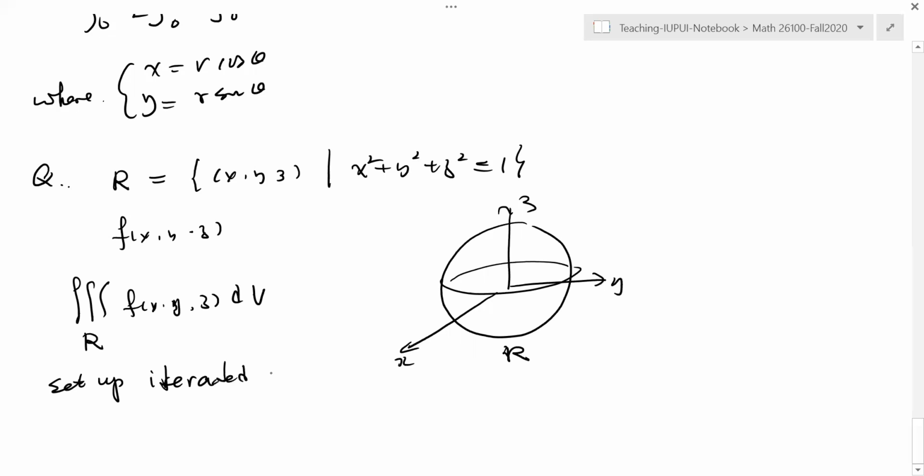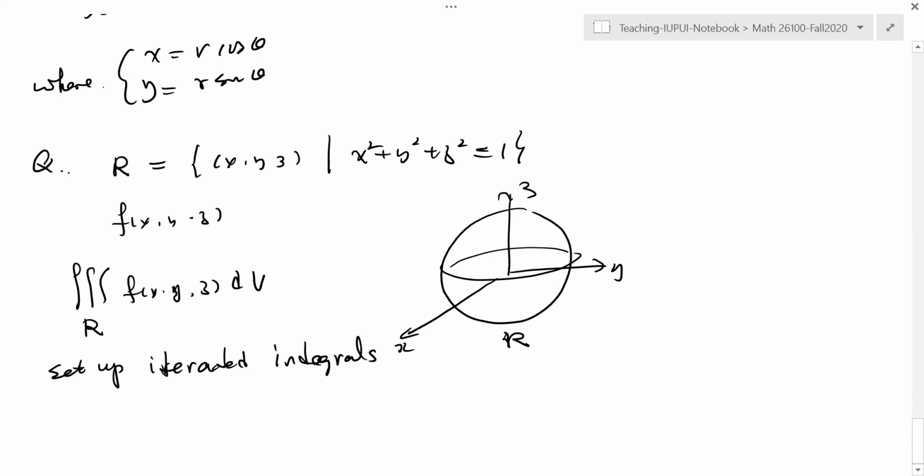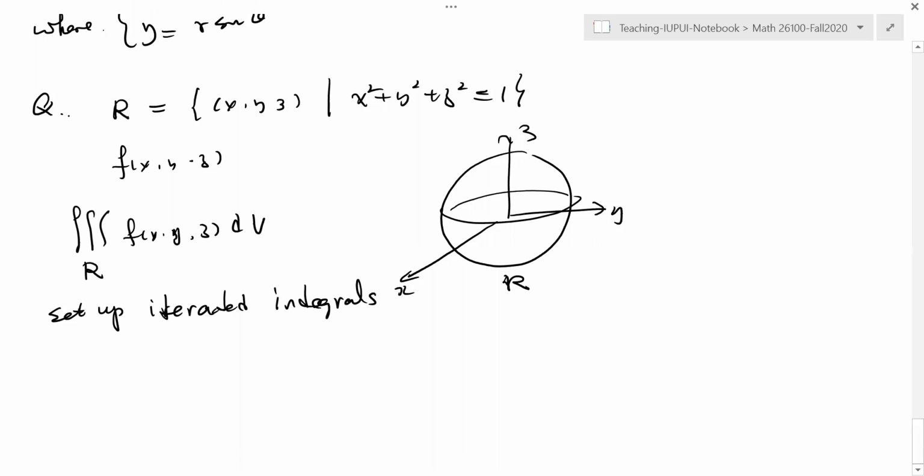There are many iterated integrals you can set up. Because it's round, this part D is going to be x squared plus y squared less than or equal to 1.